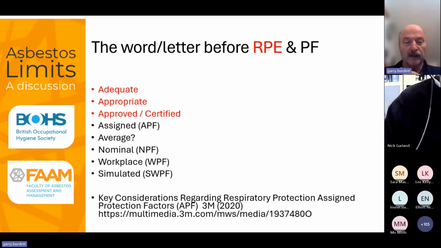And it does get quite confusing, and different areas like the States or Europe do use them in different ways sometimes. But the first three, as far as I know, adequate, appropriate, and approved, all apply to the RPE itself. Whereas assigned and average, I'll come back to later, nominal, workplace, simulated, all apply to protection factors. And I'll leave that for Nick to sort out and tell you more about.